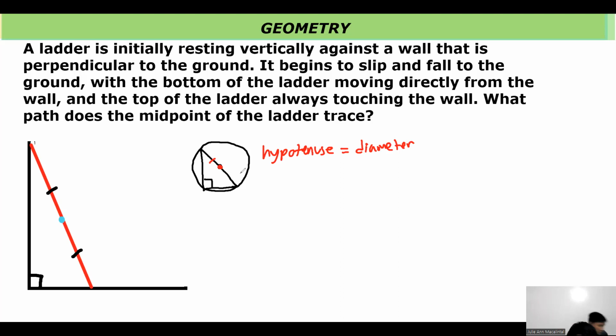So if the center is the midpoint of the hypotenuse, which it is, then these two segments are equal. If we draw a line from the vertex to the midpoint of the hypotenuse, this segment will also be equal.